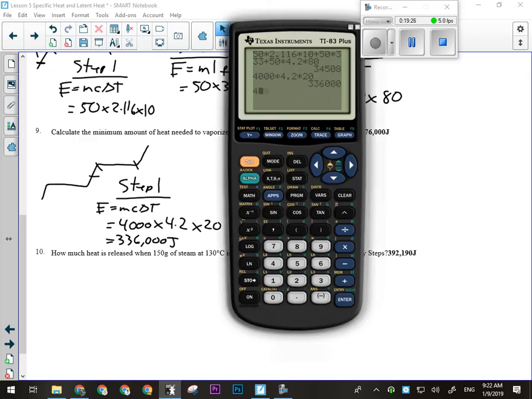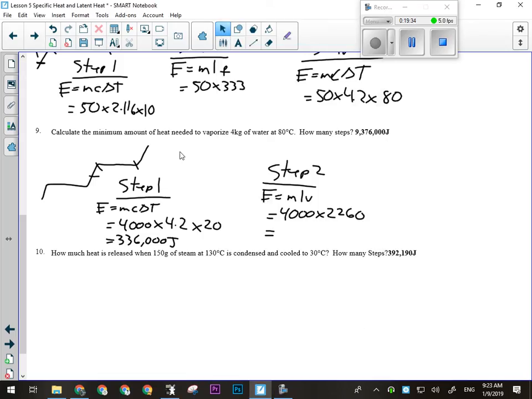So 4,000 times 2,260 gives us 9,040,000 joules. When this is all said and done, that's going to be 9,376,000 joules for a total.